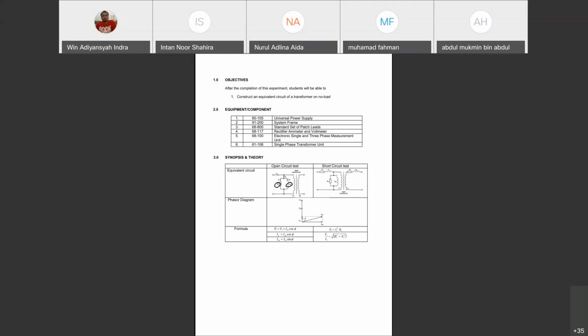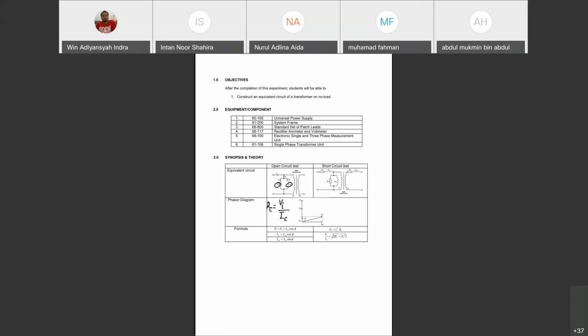Since you already know IC, for RC equals V1 over IC. Because it is parallel, as long as it is parallel, the V value is the same.